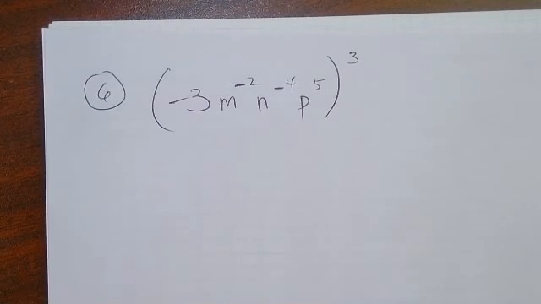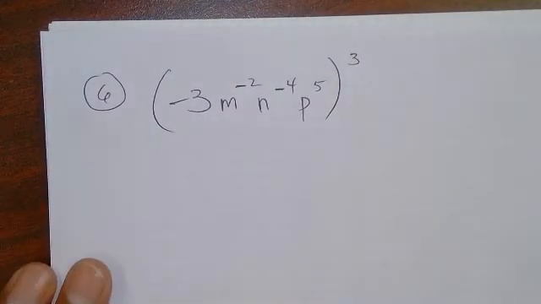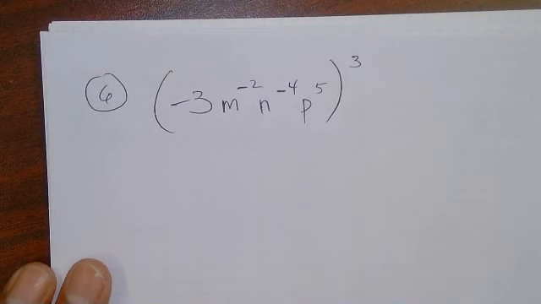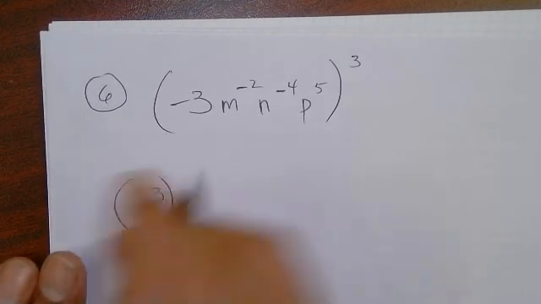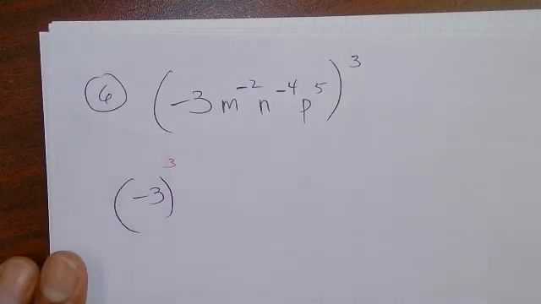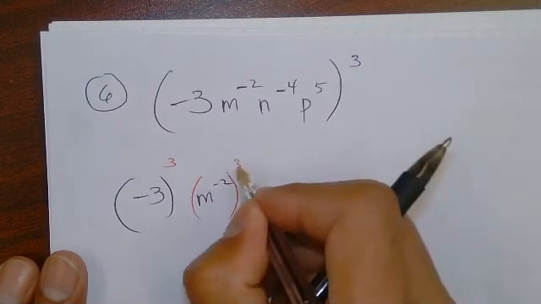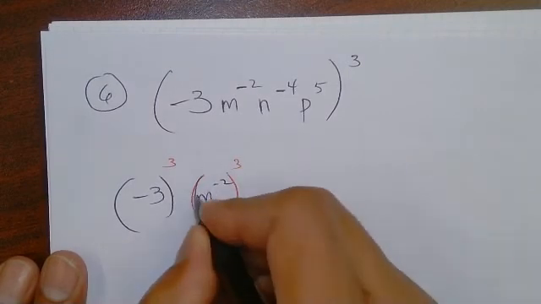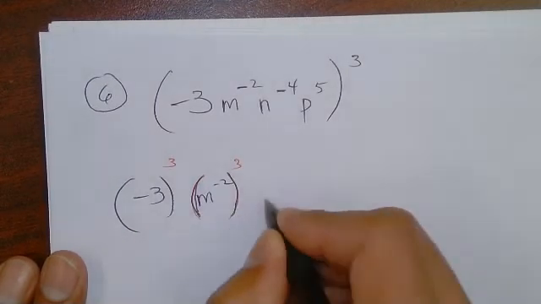Okay, last one. The negative 3, that's a 3. And negative 2, that's a 3.